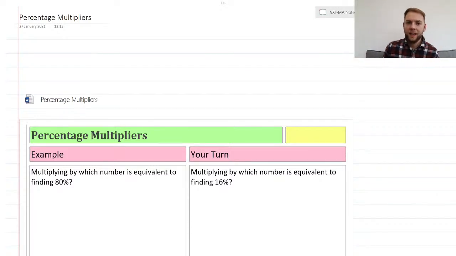Okay, so we're looking at percentage multipliers. We'll just write down a definition of what that is first.